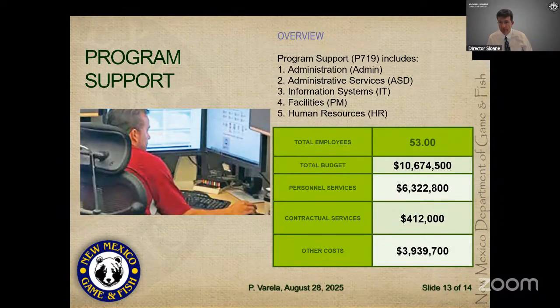For our administrative services division, it's 5,190,800. And for our property management division, it's 887,000. And that adds up to the total of 10,674,500.